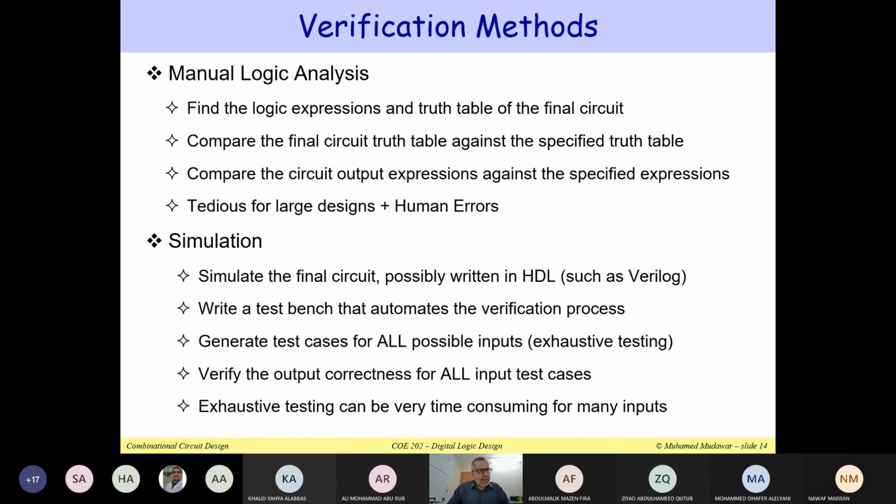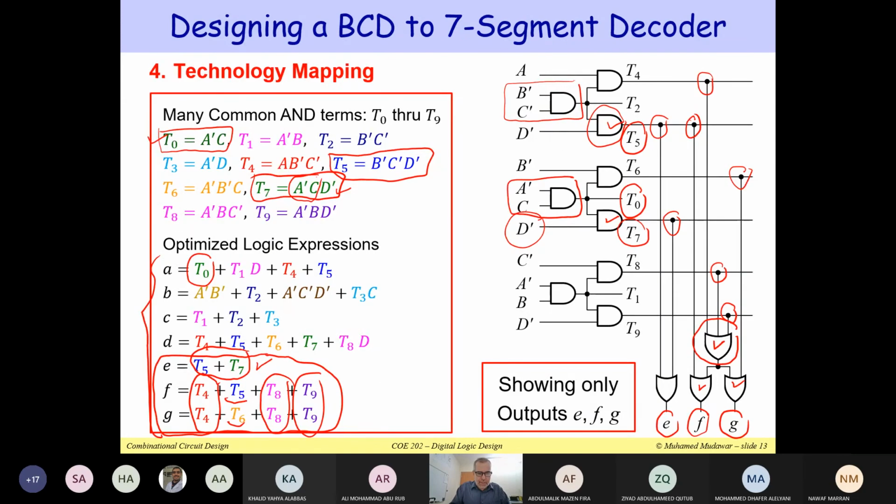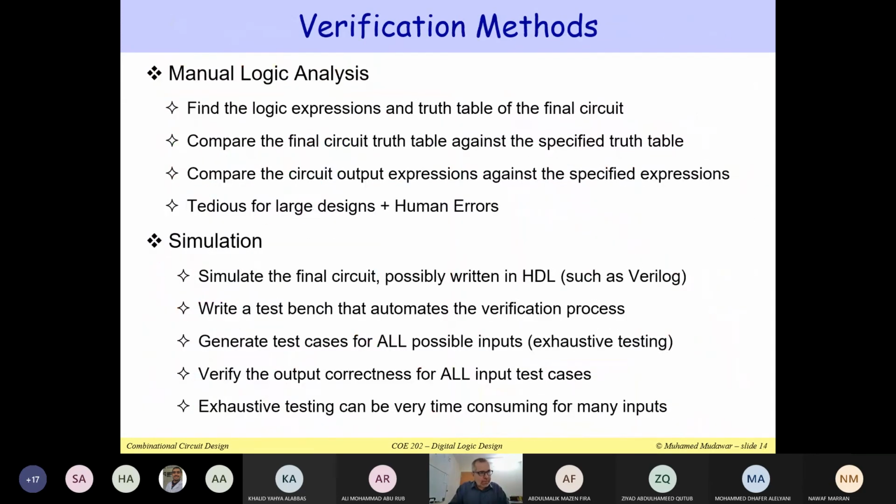Either we can do the verification manually, and this is done by analyzing the circuit. You can look at the circuit, you can look at the equations, apply all the possible inputs, and look at all the outputs, and see if these outputs are the expected outputs.